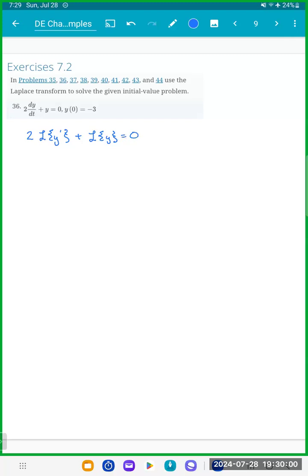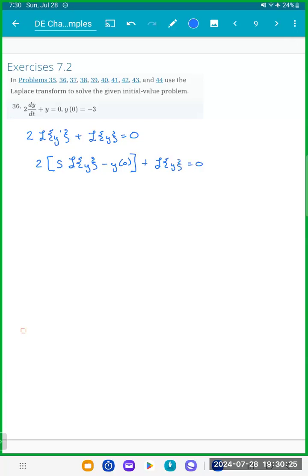We can factor that 2 out, so that's going to give me 2 times s, my Laplace of y, minus y naught, plus our Laplace of y equal to 0.